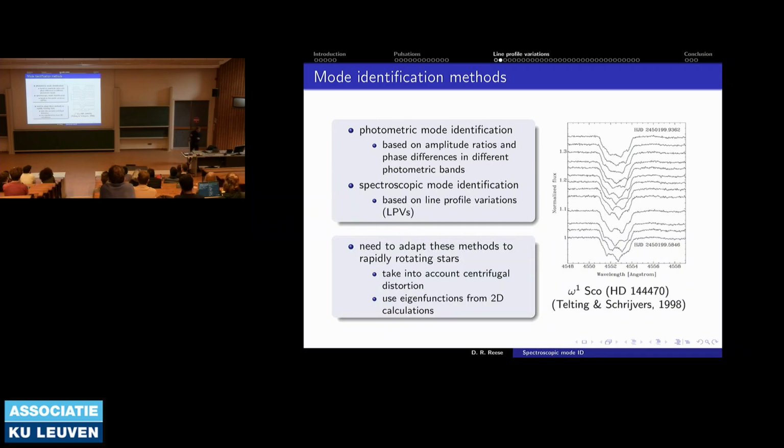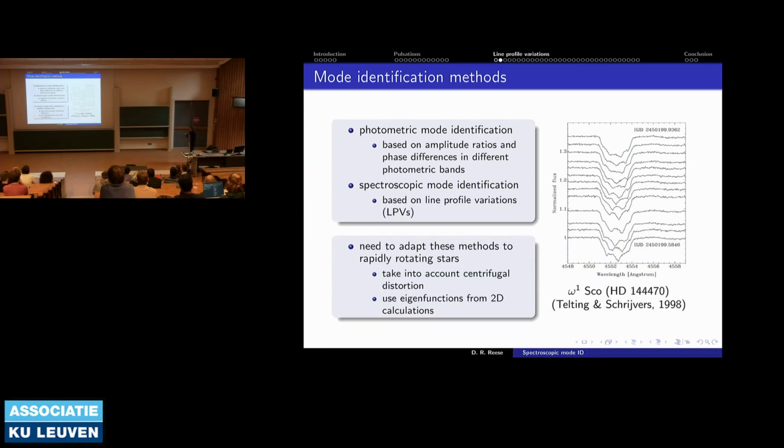You can use photometric methods based on amplitude ratios or phase differences. The advantage of that method is that the intrinsic amplitude of the mode factors out when you calculate amplitude ratios. And that's a good thing because we don't know how to predict the intrinsic amplitude anyway. So if we can remove that information, it makes our life easier.